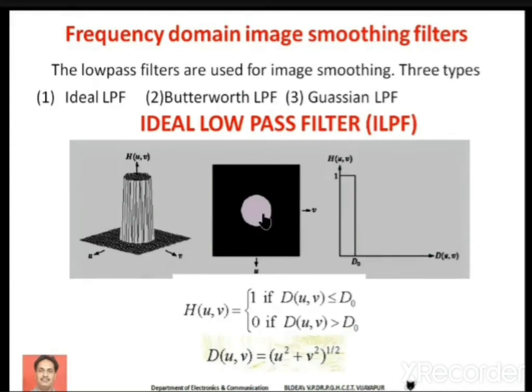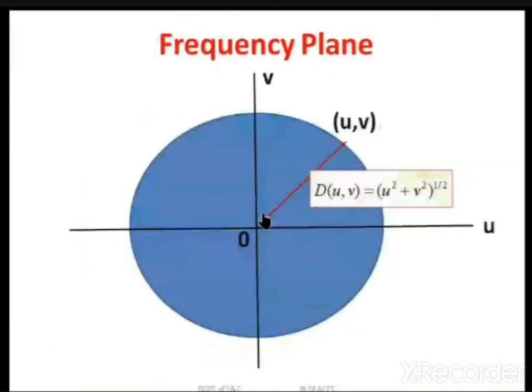Just try to recall, as I discussed, in the frequency plane at the origin you have low frequency components. As you move away from the origin you get high frequency components.